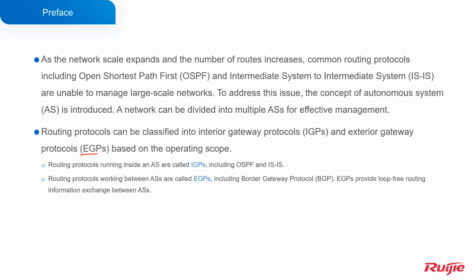This one is called BGP, Border Gateway Protocol. The EGP can also provide loop-free routing information exchange between different AS. We have lots of mechanisms to avoid loops, and also can reduce the resources needed to get the routing information. So this is one reason.